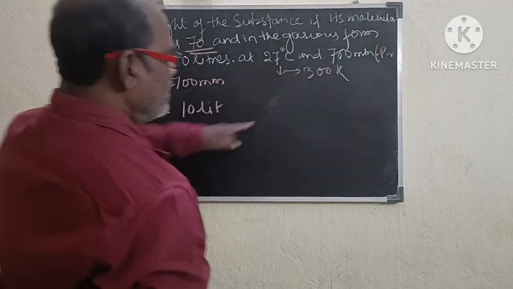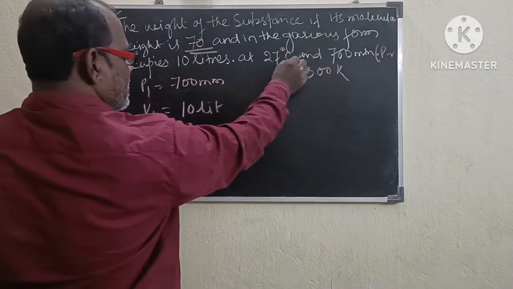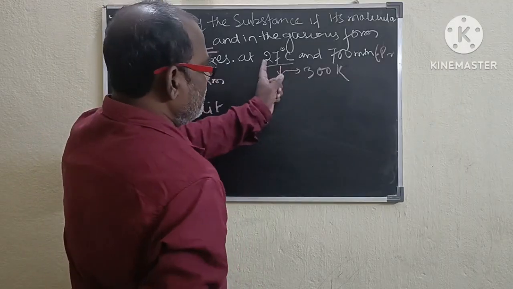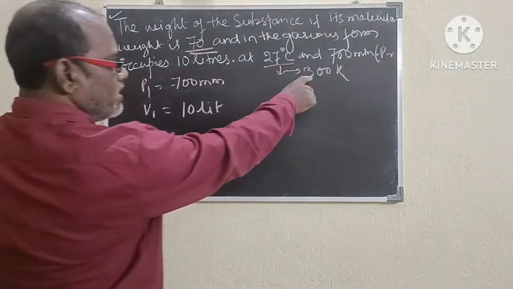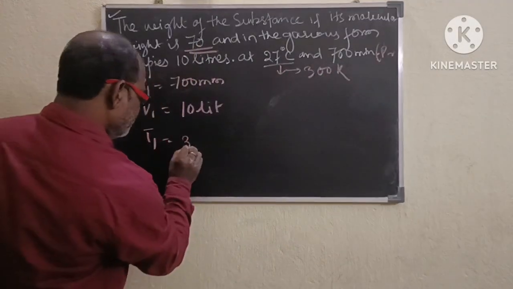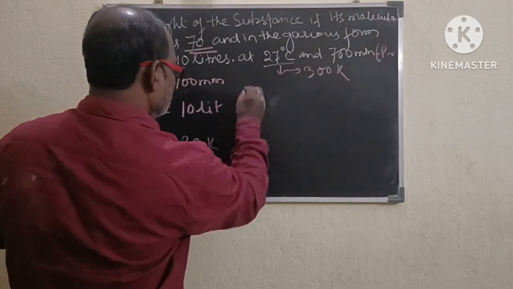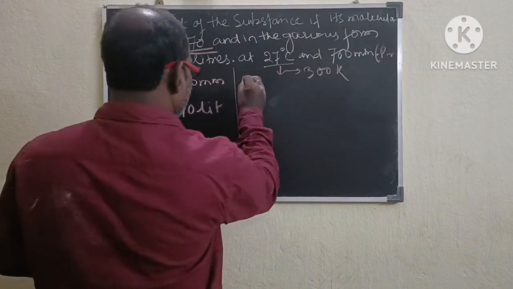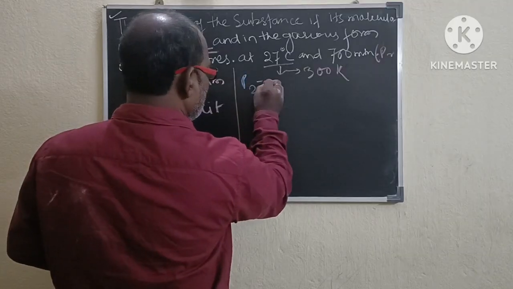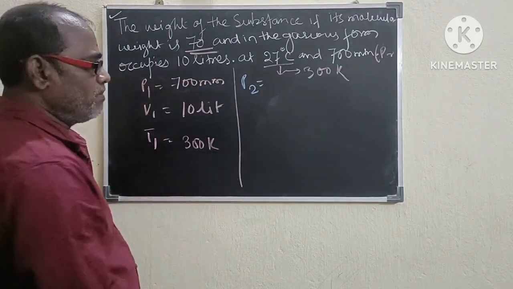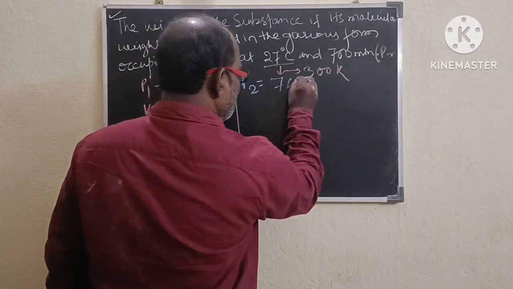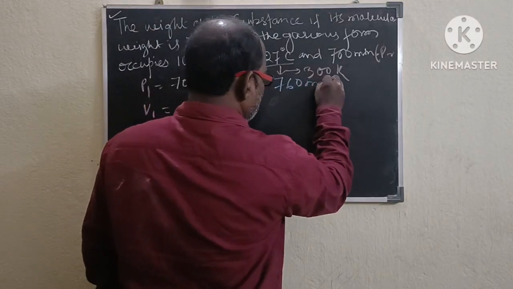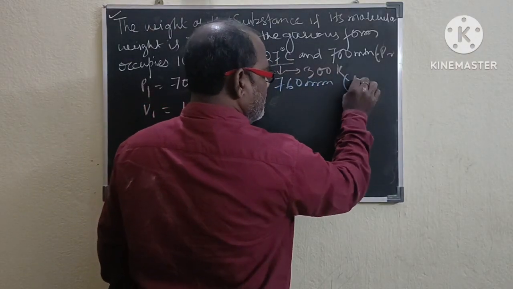And temperature is given as 27, so we are going to add 273 K. So we are getting 300. Similarly, now on this side we are getting pressure P2 at STP. We are finding it at STP, means 760 millimeter of Hg.